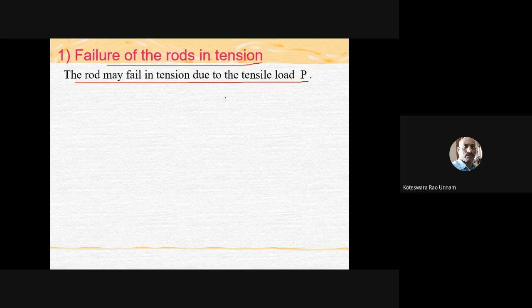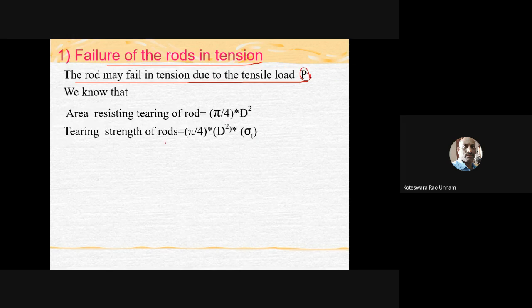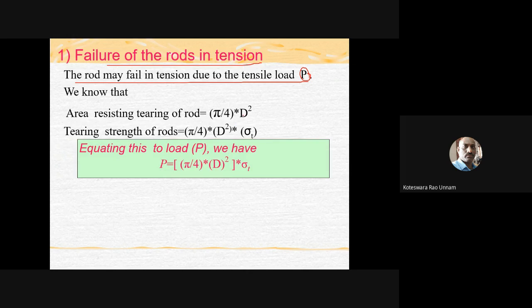Since it is a circular cross section, area is going to be pi by 4 D square, where D is the diameter. So pi by 4 D square into sigma t should be equated to your load P. From that you will get your equation for finding out this D value.